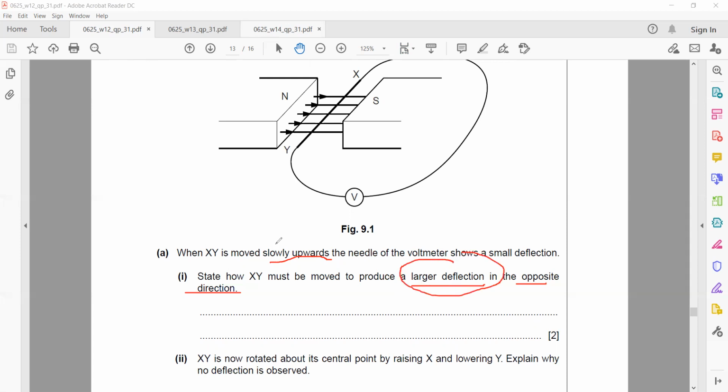Opposite direction: first you were moving it upward. So move the wire downward with greater speed.